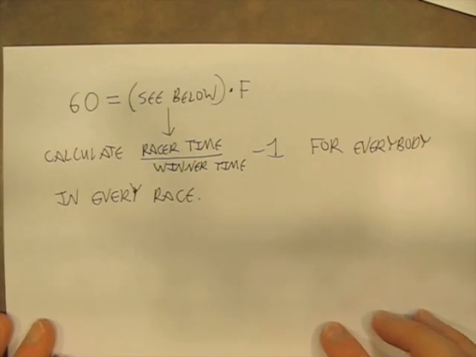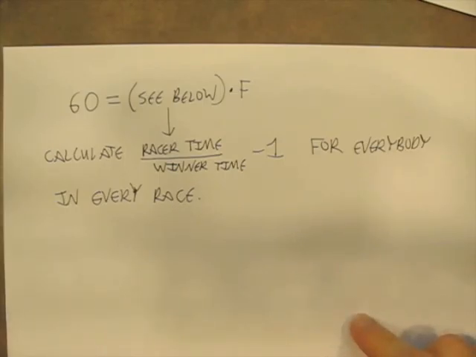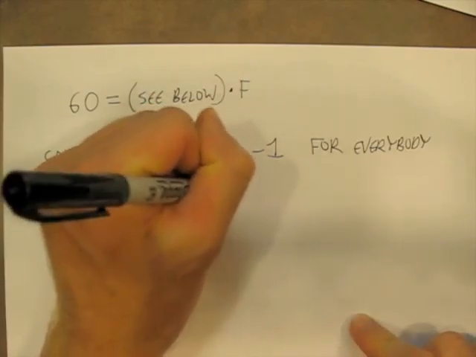Calculate the racer time divided by the winner time minus 1 for everybody in every race in the world.